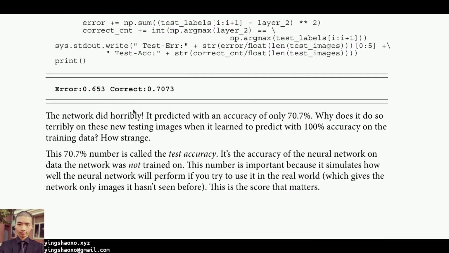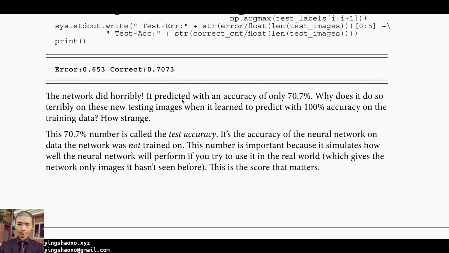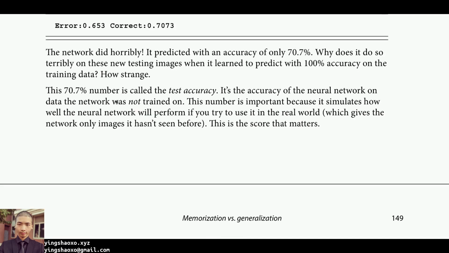The network did terribly. It predicted with an accuracy of only 70%. Why does it do so terribly on these new testing images when it learned to predict with 100% accuracy on the training data? How strange. This 70% number is called the test accuracy.